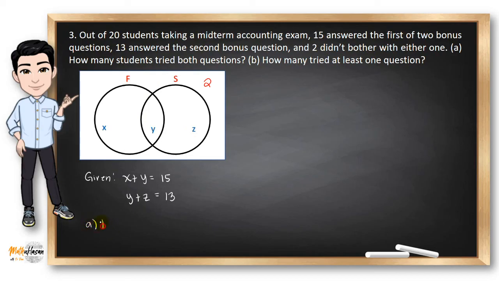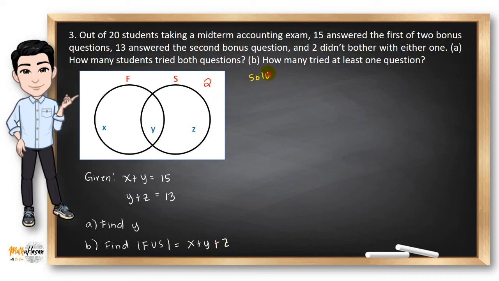Now we need to find the number of students who tried both questions. So meaning we need to find y, or the intersection of the sets F and S. And in letter B, we need to find how many tried at least one question. So we are just looking for the cardinality of the union of F and S, or we can just state it as x plus y plus z if we are using our three variables.